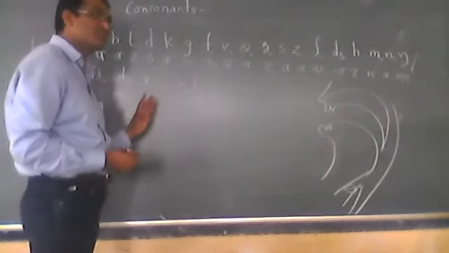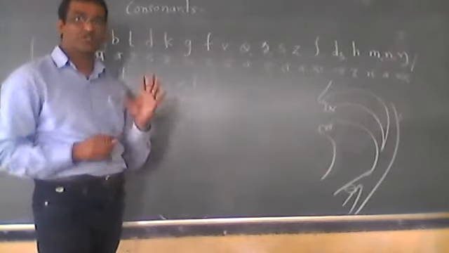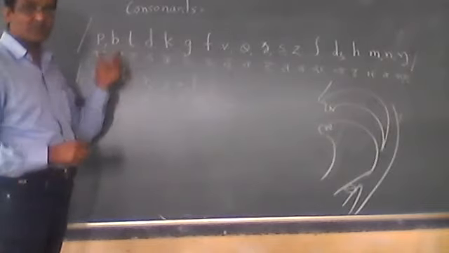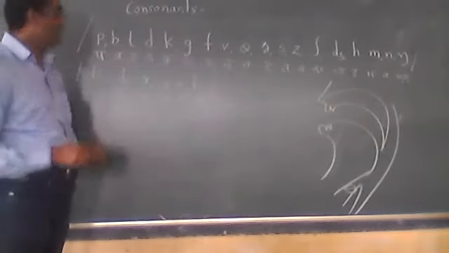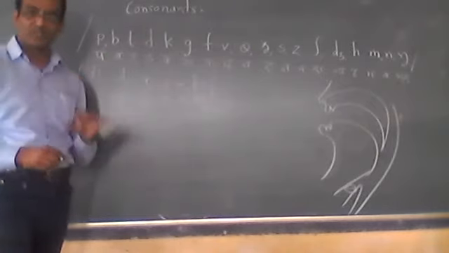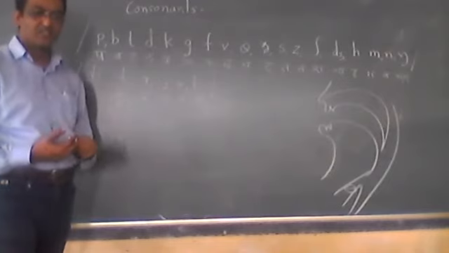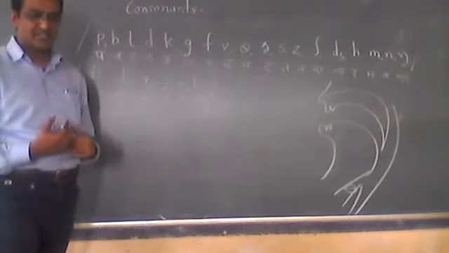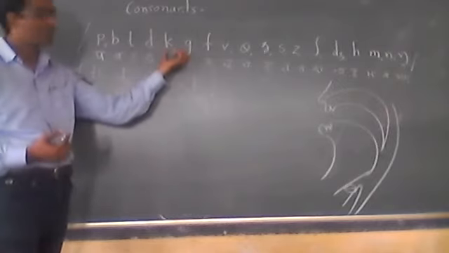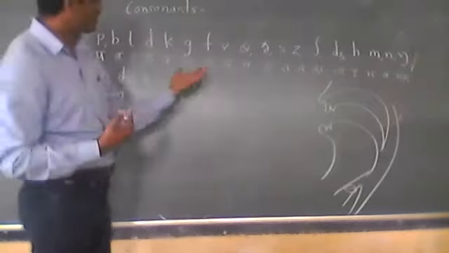For p and b sounds, we use the lips. For t and d sounds, the teeth ridge comes into play. At the same time, for k and g, the back part is used.